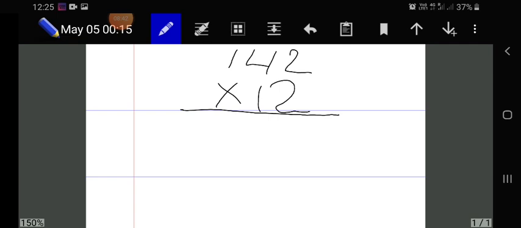Now we have to multiply 142 with 12. Again we are going to multiply this 2 given as the multiplier with 142, and then after that we will multiply 1 with 142, and then afterwards we will add the answers of both to get our multiplication answer.